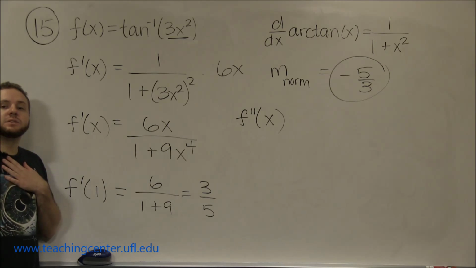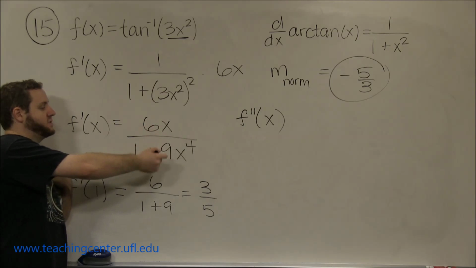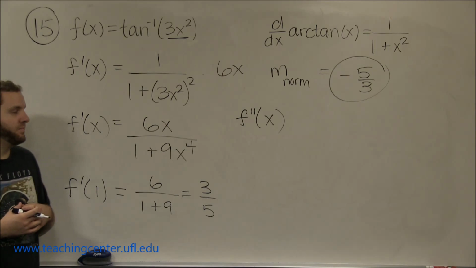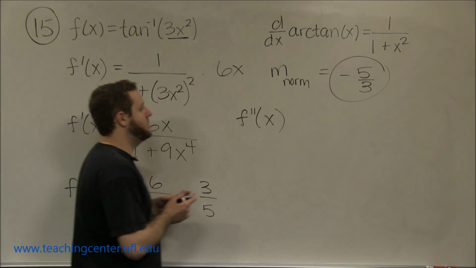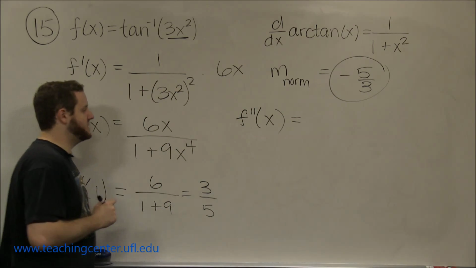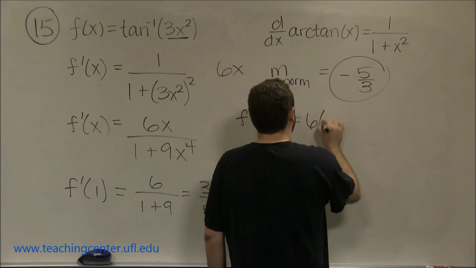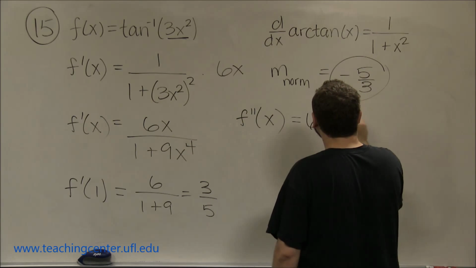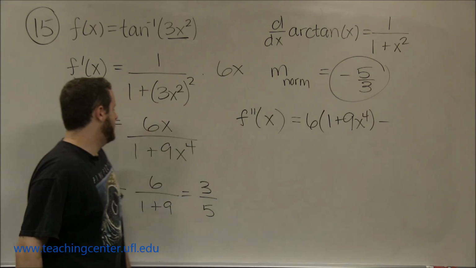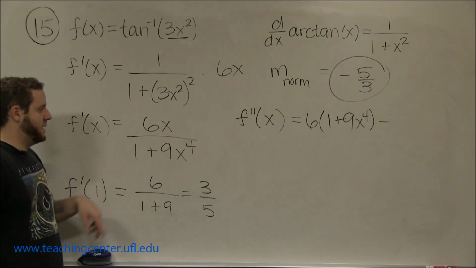And for this, we need to use the quotient rule because we have a fraction where both things are not easily simplifiable. So remember that to do the quotient rule, we need to memorize that formula. So we do the derivative of the top, which would be 6 times the bottom, minus the derivative of the bottom times the top.